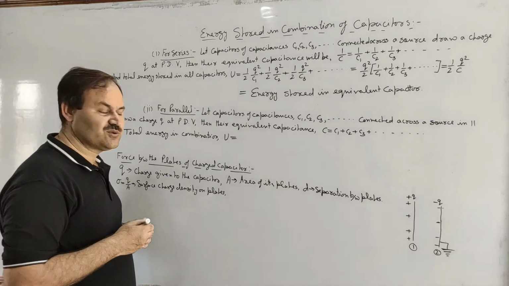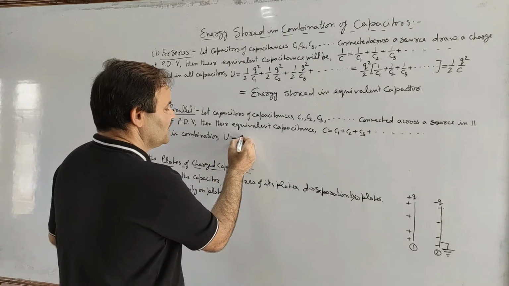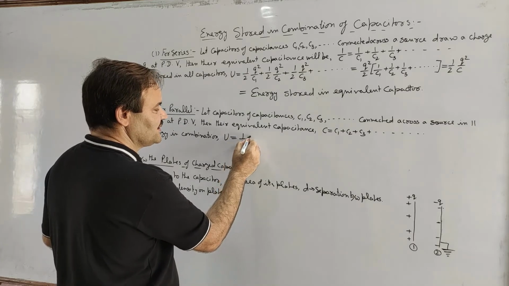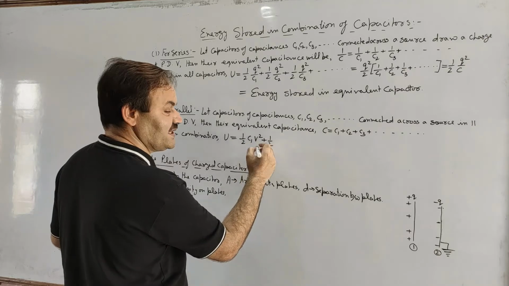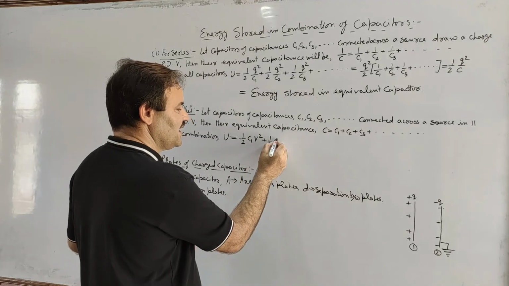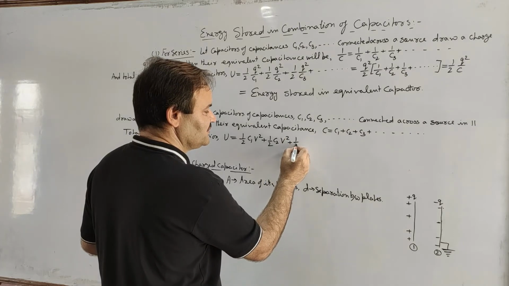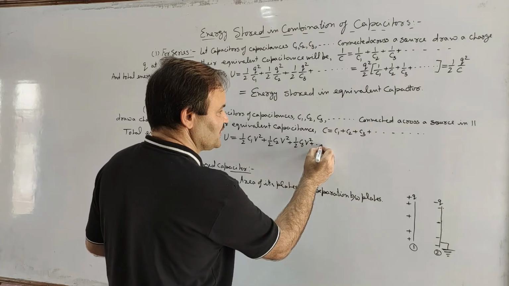So total energy stored in combination, U equal to energy stored in first capacitor half C1 V square plus energy stored in second capacitor half C2 V square plus in third half C3 V square plus so on.